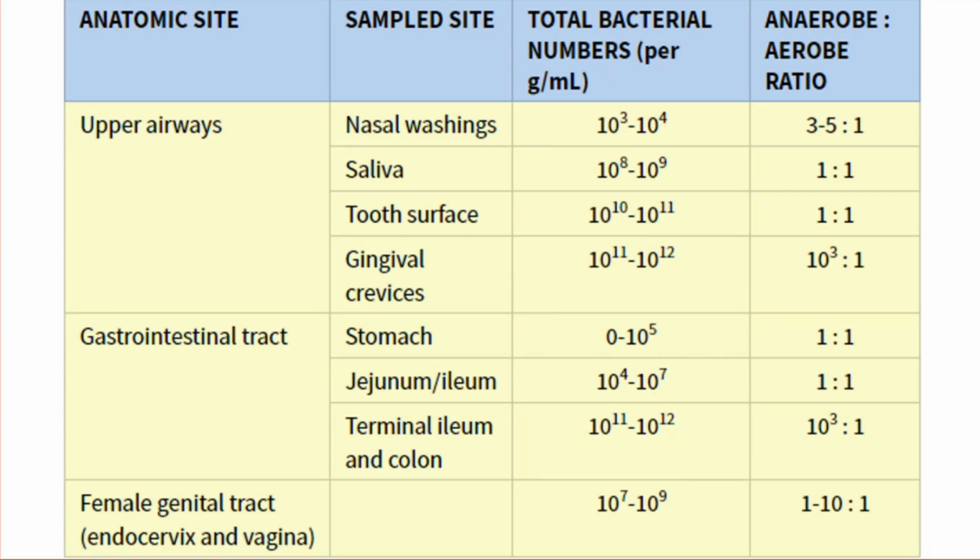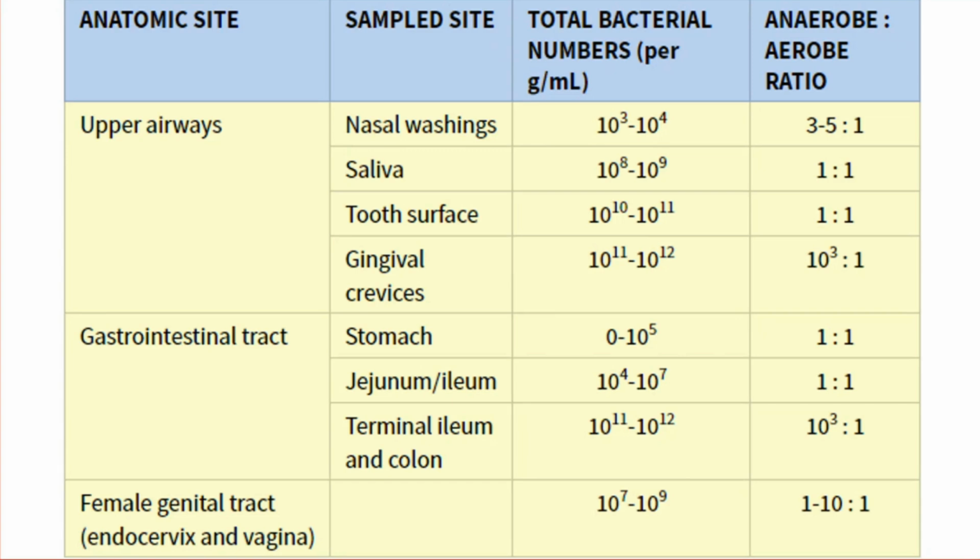And look at that compared to your gingival crevice. Gross. A gram of stool compared to a gram of your plaque has pretty much an equivalent number of bacteria. Gross. So get your teeth cleaned if you have good dental insurance. But again, looking at the aerobic ratio, there are way more anaerobes.